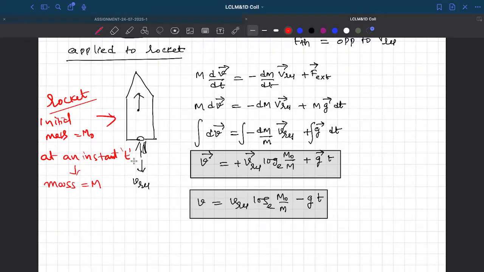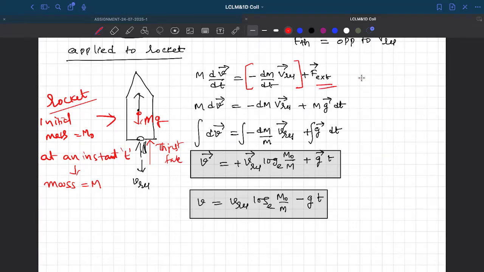Okay. Now, what are the forces on this? One force is a thrust force upwards, and the weight force downwards. M dV bar by dt, you can say, is the thrust force.